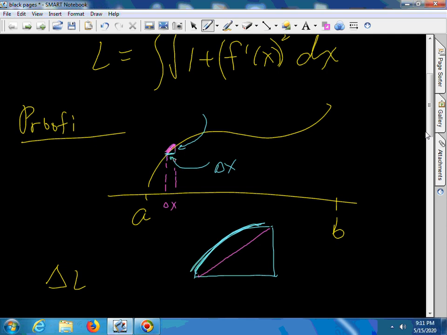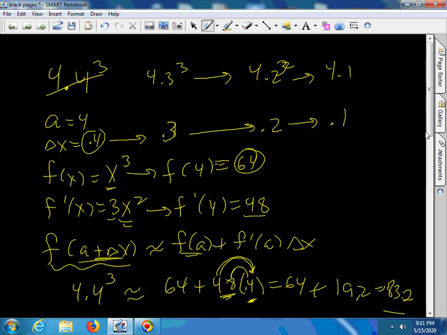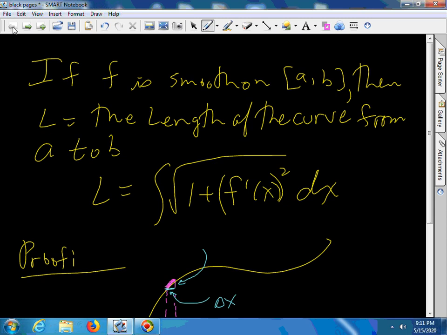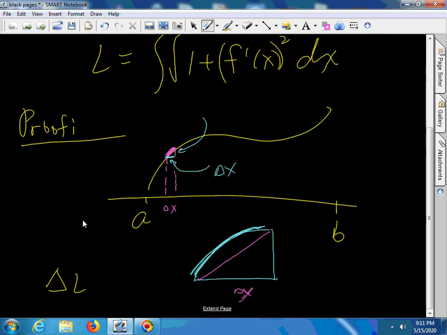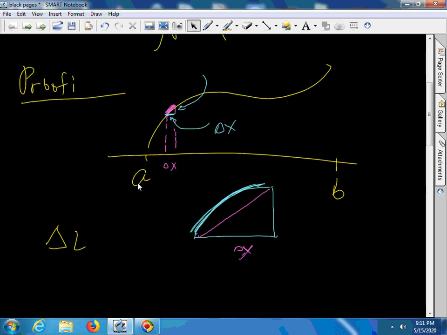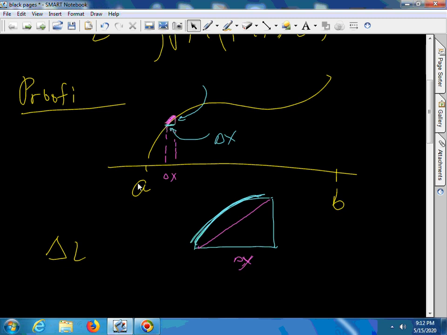So this is delta x. If delta x is small, it'll work. We'll assume delta x is small. So here is delta y.